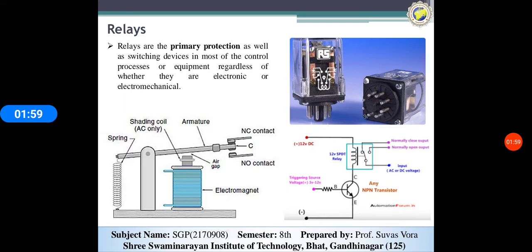You can see here the normally closed second circuit. When a fault occurs, the electromagnet is energized, and the armature connection changes from normally closed to normally open, and the circuit is open circuited. This is the basic function of the relay.